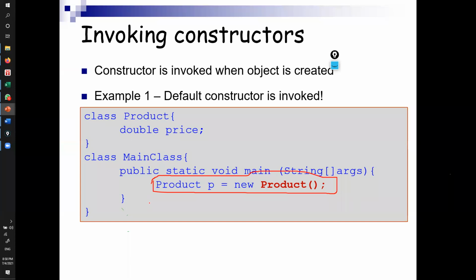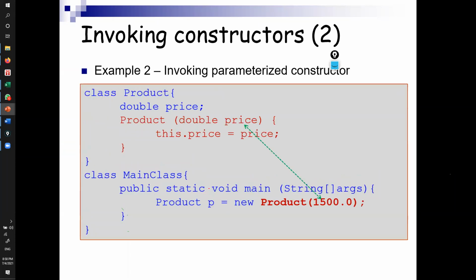So this is the syntax. Anything you do from P, if it is anything from this class, because this class will be referenced as P here, you can do from here. So invoking a constructor with some parameters.